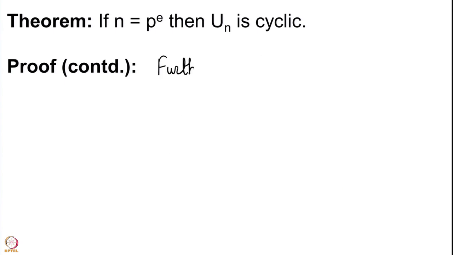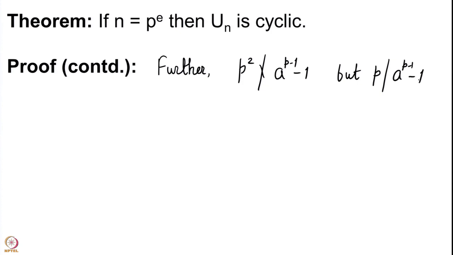Further, P square does not divide A to the P minus 1 minus 1, but P divides A to the P minus 1 minus 1. This is because A in UP is primitive.